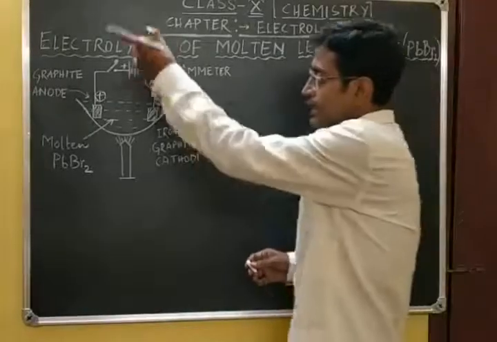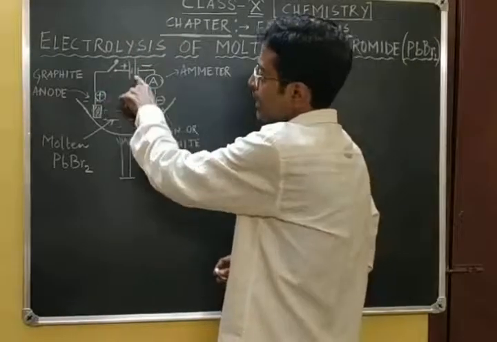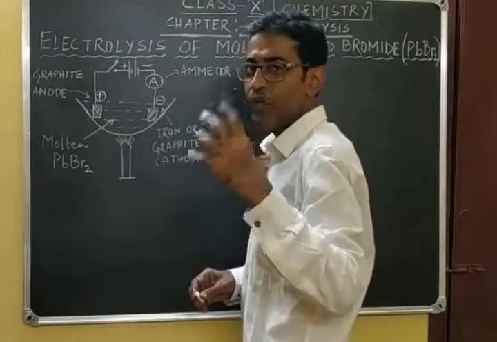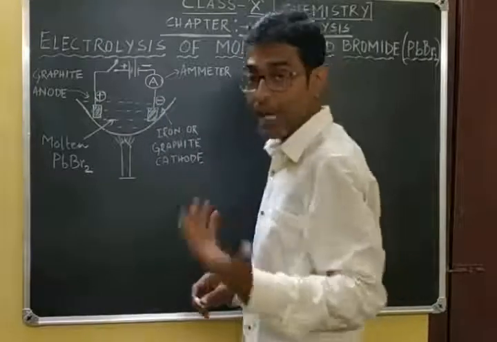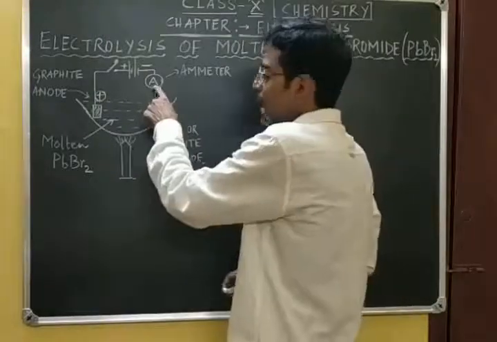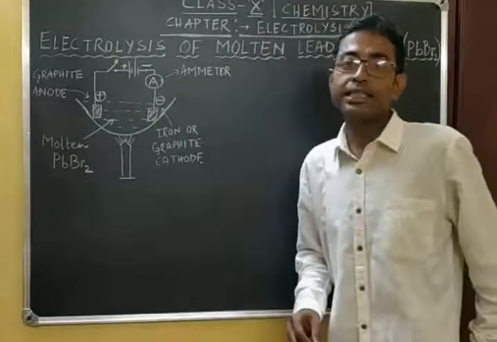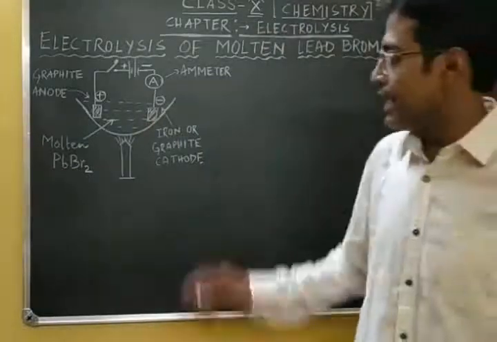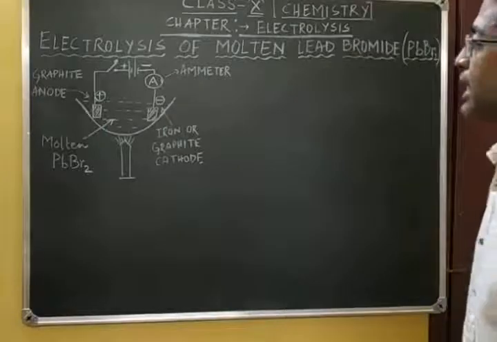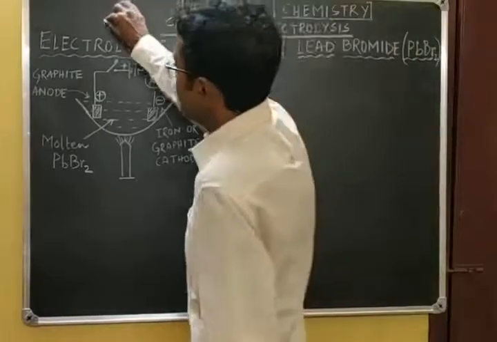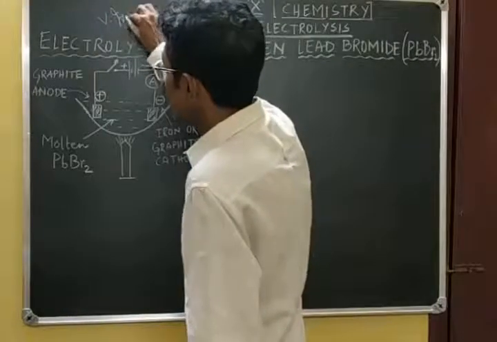Externally, see, there is a switch and a small electrochemical battery for supply of electricity, and an ammeter is connected here for measuring the current. So this is the arrangement for the electrolysis. Remember, in the exam these are the questions.